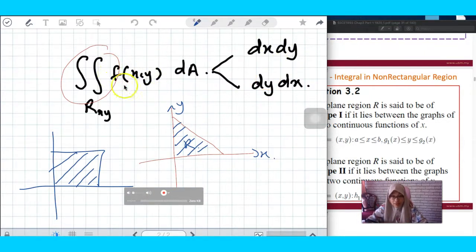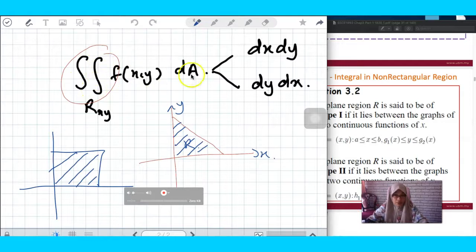If it is easy to integrate first with respect to x, then we proceed with dx dy. But if you can see that the integral is easier to integrate with respect to y first, then you have to use dy dx. Determining the limits is not so difficult.